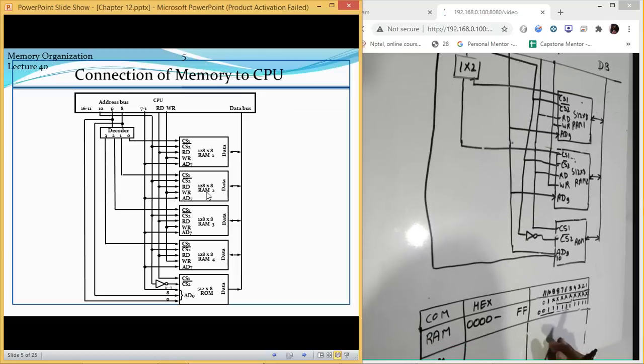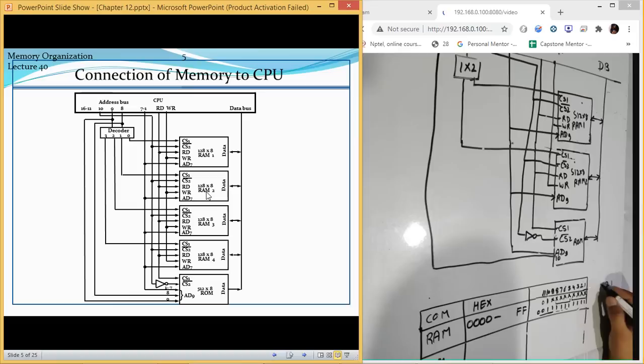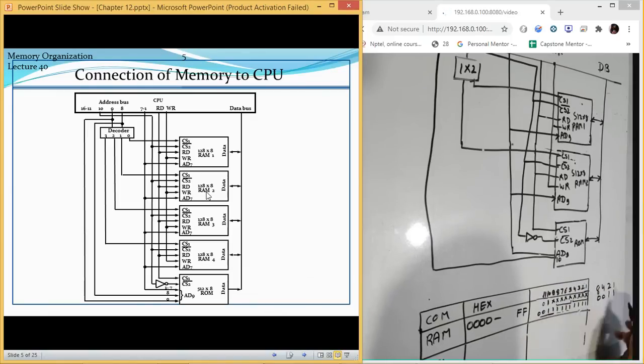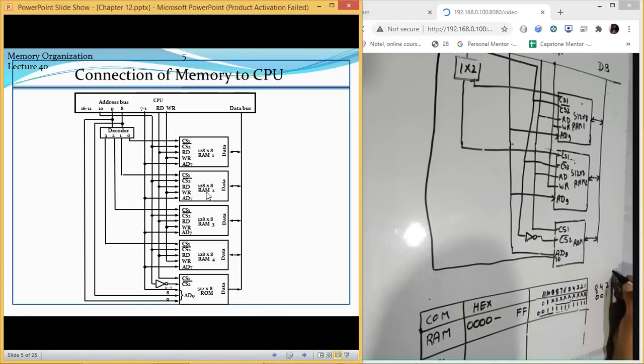Then 10th and 9th bit. Now let us talk about this. It is 1, 2, 4, 8, something like this, because this is your ninth bit, this is 10th bit, this is 11th bit, this is 12th bit. So it is 8, this is 2 plus 1, 3.